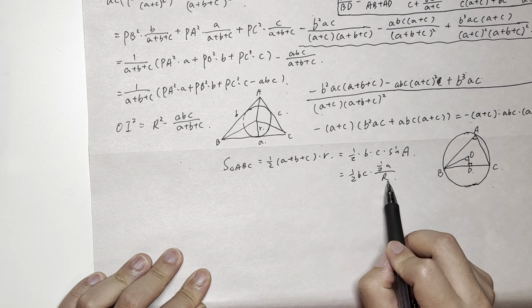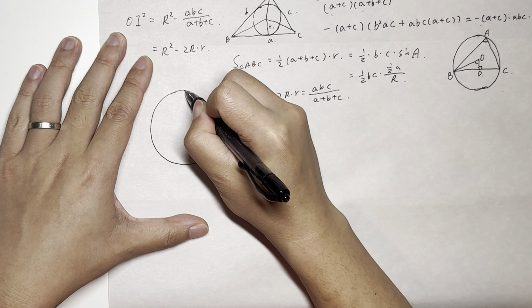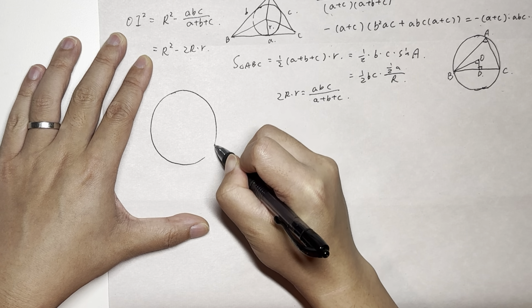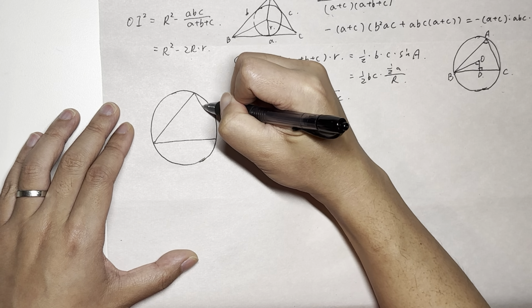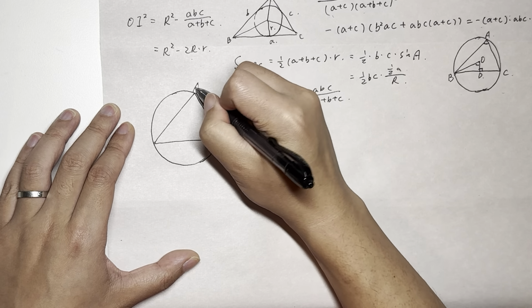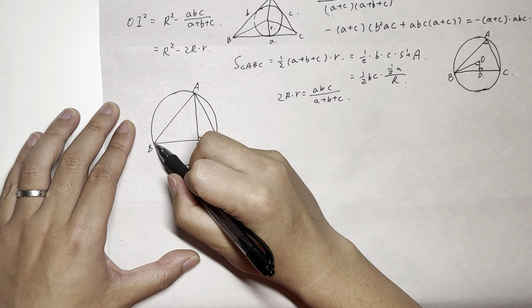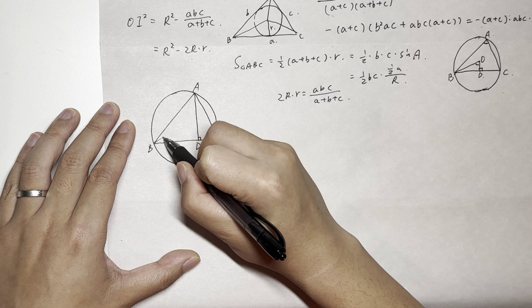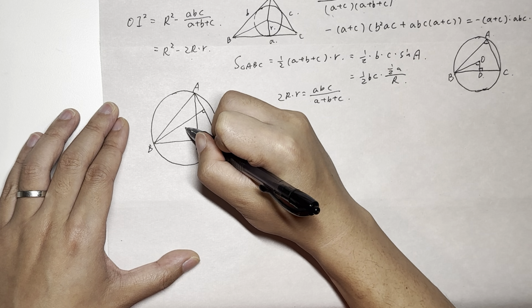Now we look at the orthocenter. A, B, C. This is D. So the circumcenter is here.